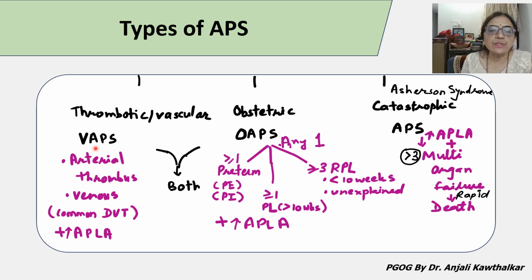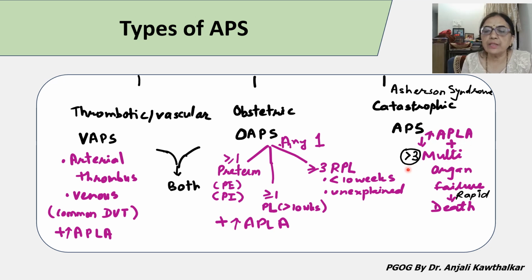So we have vascular antiphospholipid syndrome, we have obstetric antiphospholipid syndrome, and sometimes there can be a combination of these two in the same patient. Third is the most dangerous type of antiphospholipid syndrome, called catastrophic antiphospholipid syndrome, and another name for that is Asherson syndrome. What is happening here is there is a rise in antiphospholipid antibodies along with multi-organ failure.